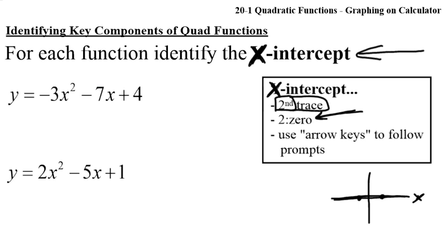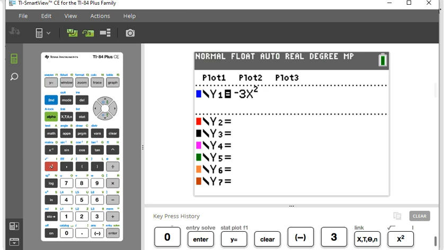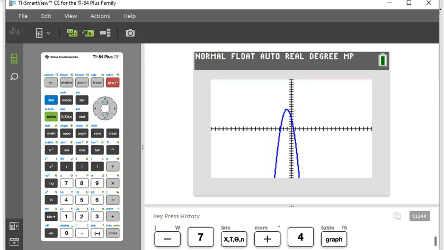So go to your calculator. Here we go. Again, negative 3x squared minus 7x plus 4. Graph it. Okay, this time I'm actually going to change my window settings so I can see the x-intercepts a little better. So I want to bring my x minimum in, I want to bring my x maximum in, and I can even bring my y minimum values up.